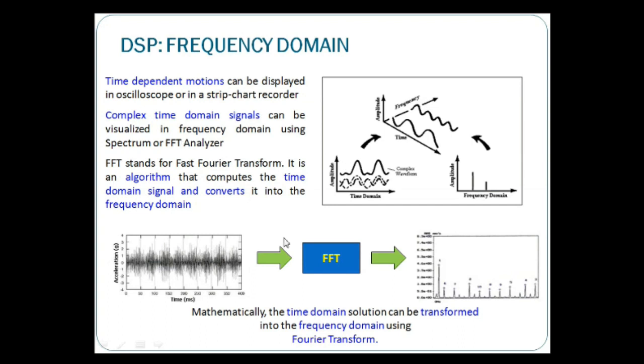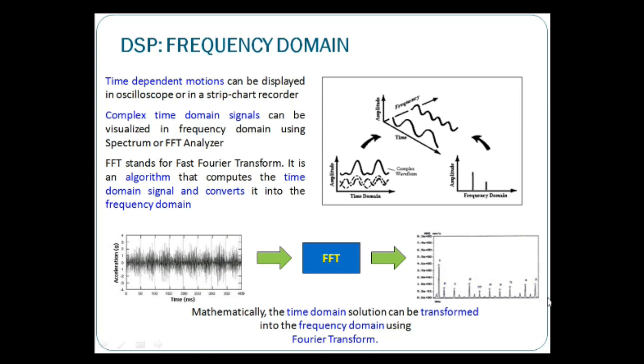So how do you do it? We use the Fast Fourier Transform, FFT. Anything from the time domain goes through this algorithm to the frequency domain. The Fast Fourier Transform is a discrete algorithm. So a discrete digital signal going through the fast Fourier transform will give you your signal decomposed into a frequency domain, which is an amplitude over frequency chart.